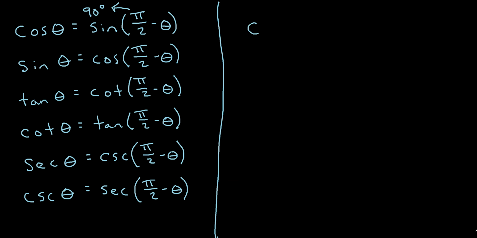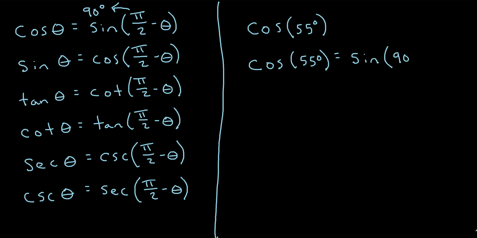So let's say we wanted to find the cosine of 55 degrees. Well, we know that the cosine of some angle is equal to the sine of pi over 2 minus that angle, or the sine of 90 degrees minus that angle. So we can write the cosine of 55 degrees is equal to the sine of 90 degrees minus 55 degrees.